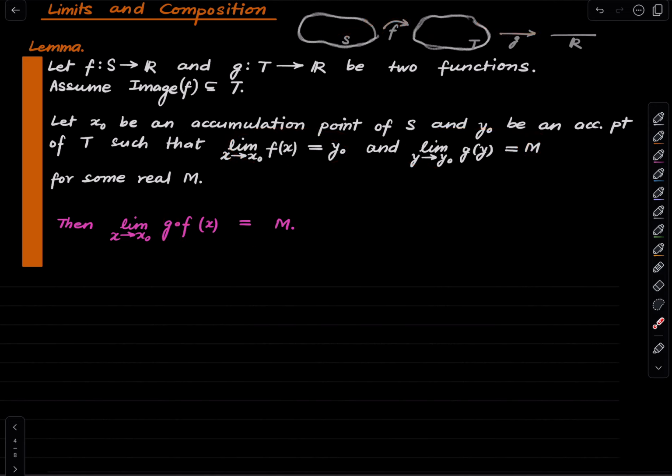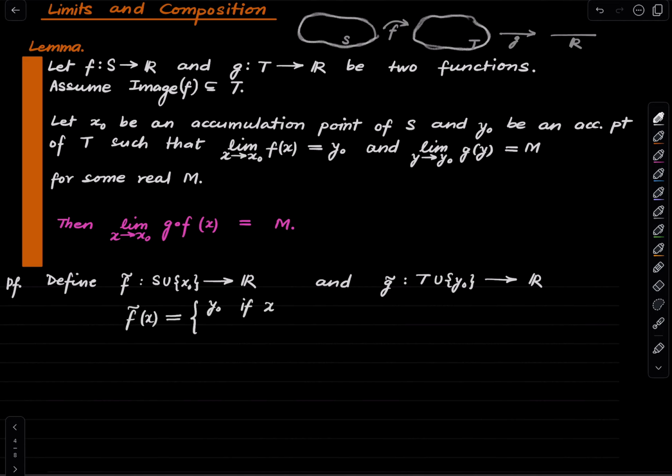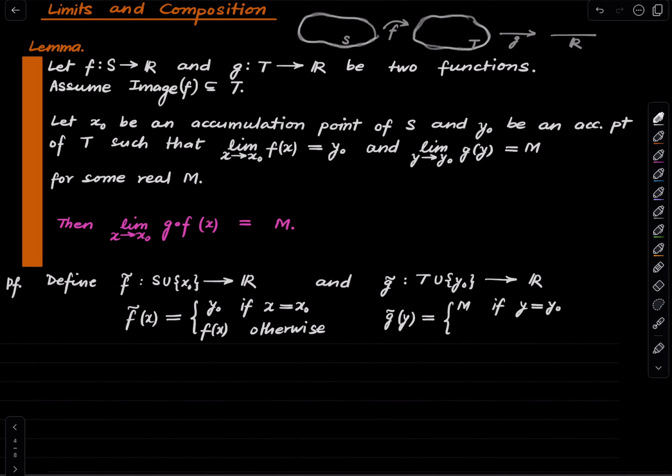But to justify it, we'll just use the previous strategy, and I will not give full details. Just define f tilde and g tilde as they should be defined. What is clear is the following.